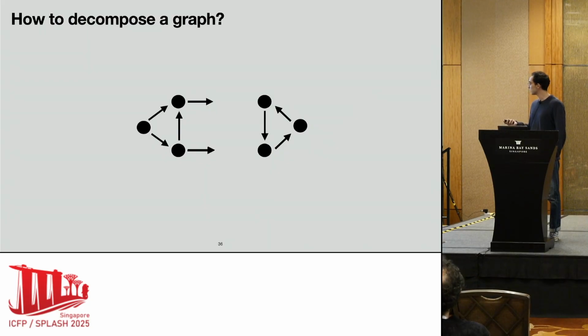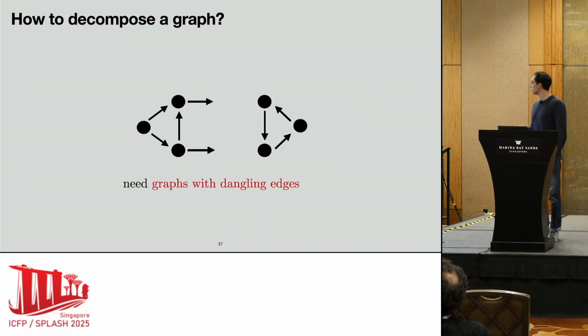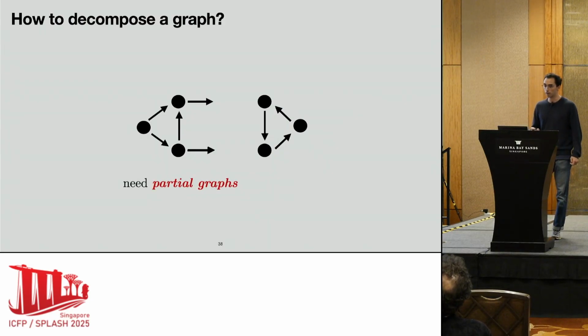However, this has the problem that one of the components is not strictly a graph, because there are dangling edges which are not usually considered in the classical definition of graphs. From this observation, we conclude that we actually need graphs with dangling edges in order to make them decompose. And these are precisely what partial graphs are.